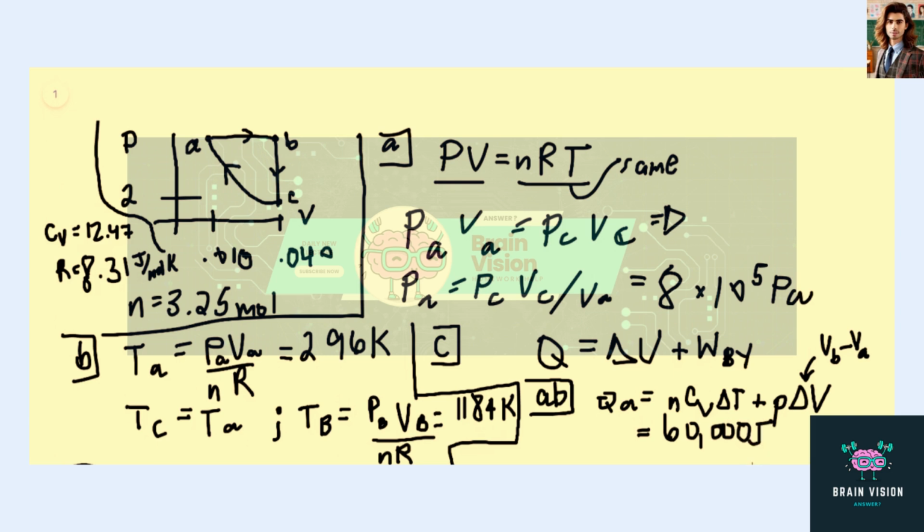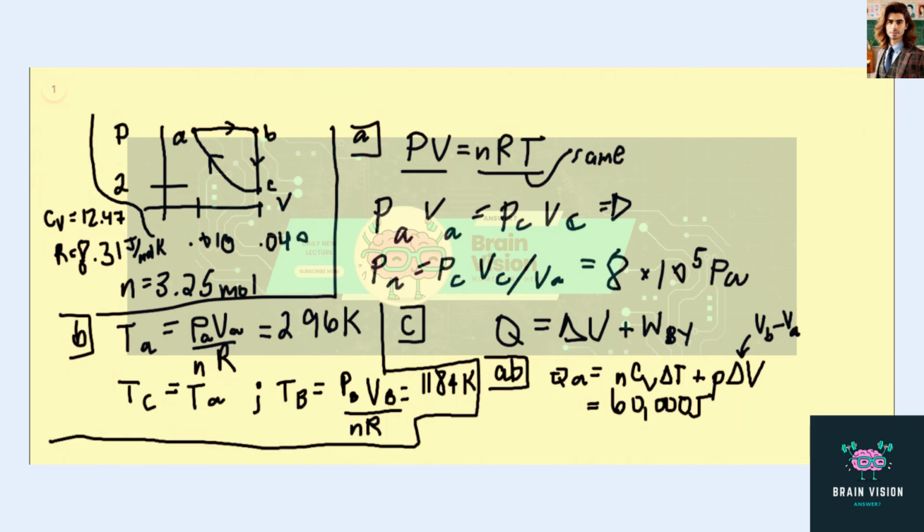All right, this is going to be messy. I really don't want to lose this page. So for BC, again, we'll just use the same equation, QBC.